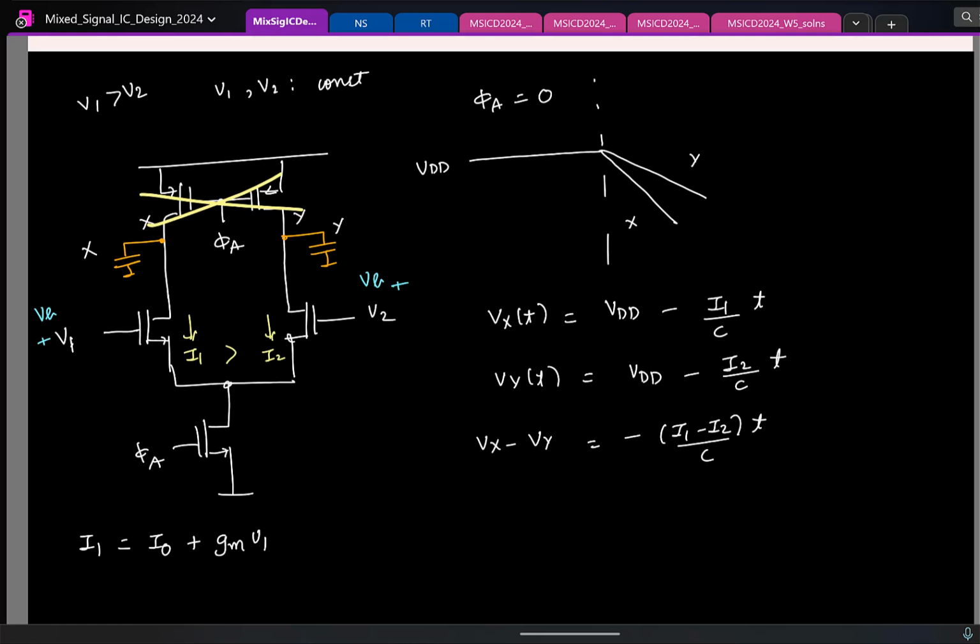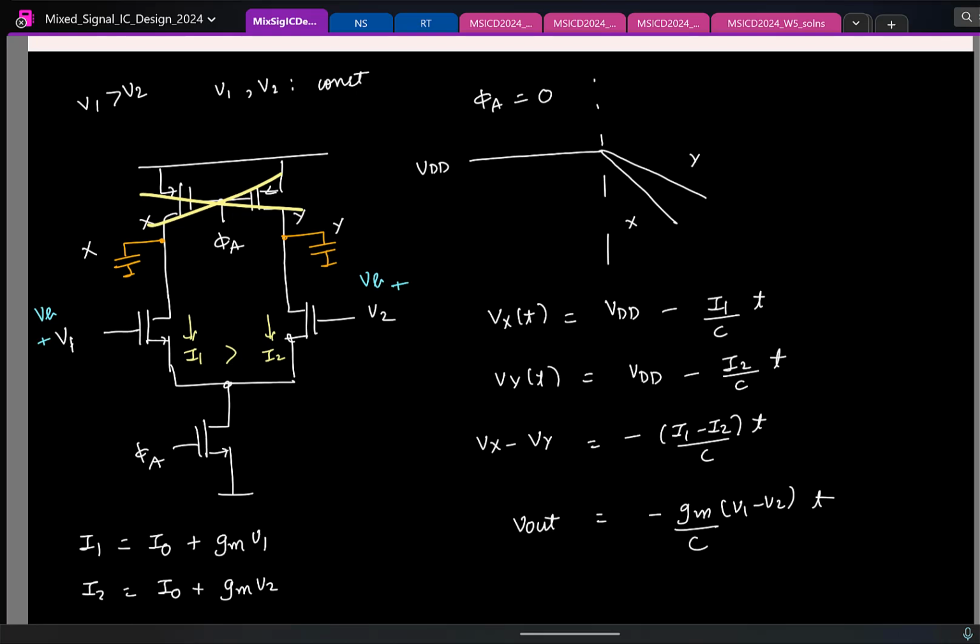This is shorted to ground. And what can you say about I2? So if you take the output difference, you will get basically GM times (V1 minus V2) by C times t. This is Vout.